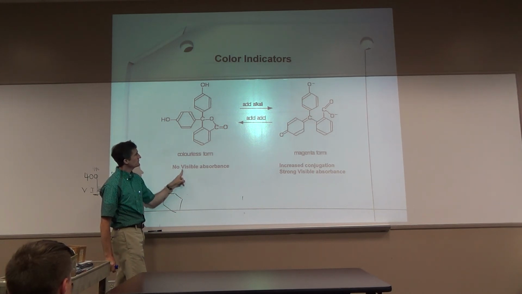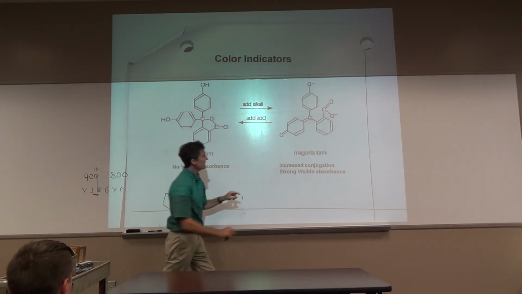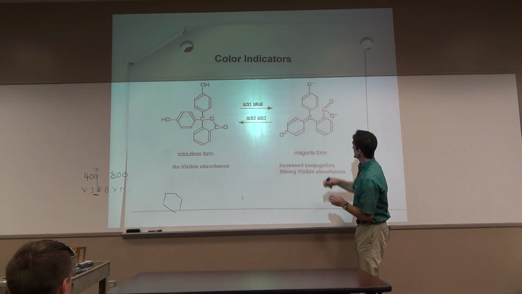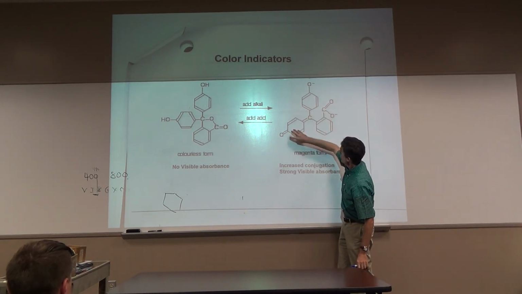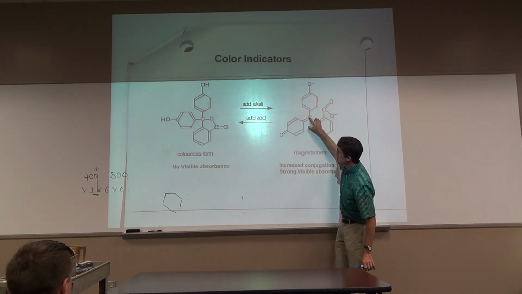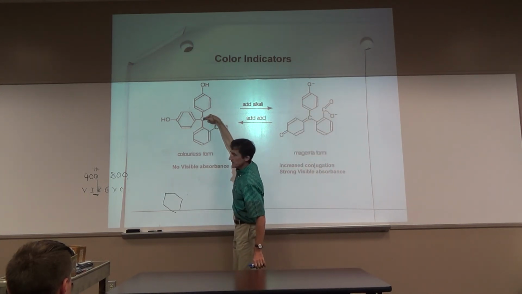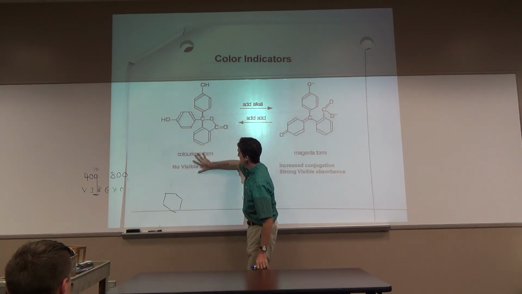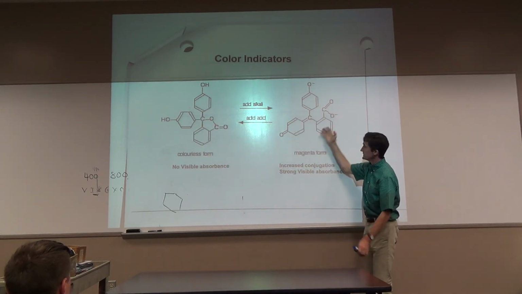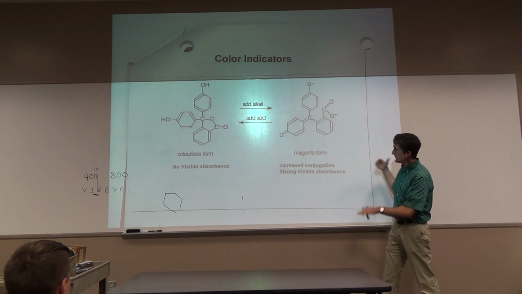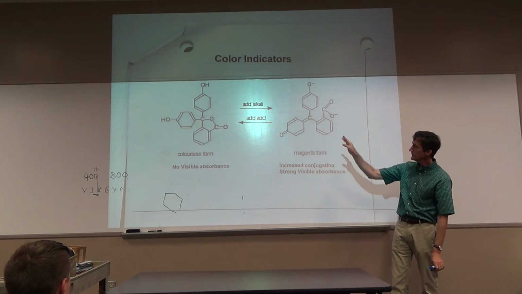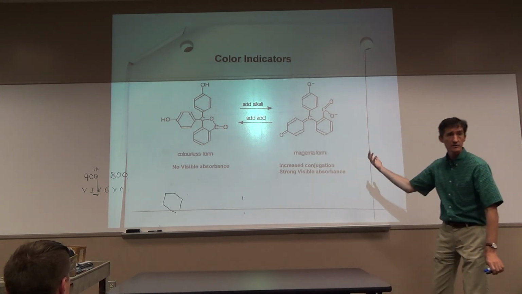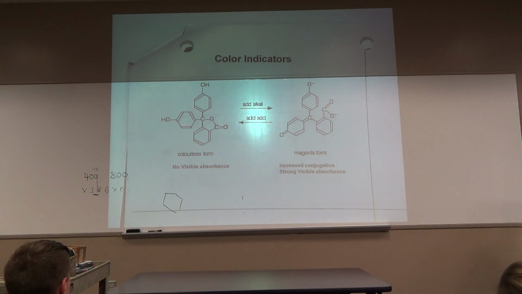No visible absorbance. Under basic conditions, the molecule exists like this, and it has extended conjugation. This has a p orbital, and all these p orbitals are conjugated. But in the other form, that carbon doesn't have a p orbital, so the extended conjugation is not there, and it's colorless. With lots of conjugation, the lambda max moves into the visible, and it appears colored. You can maybe look at that mechanism, but that's a consequence of what we're talking about with indicators.